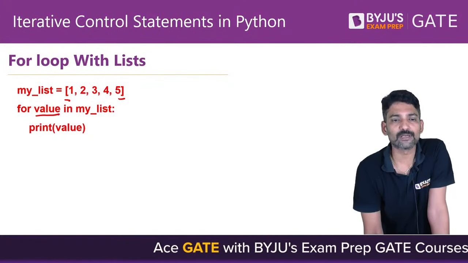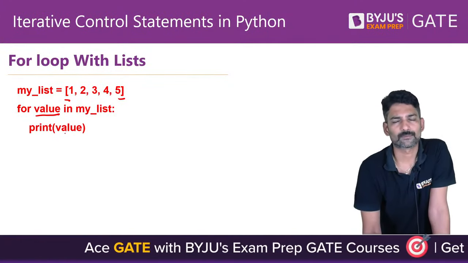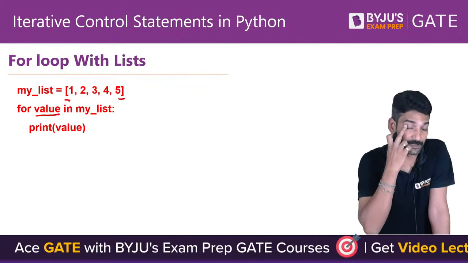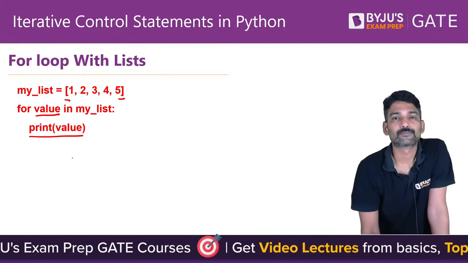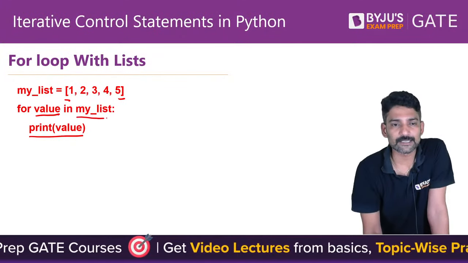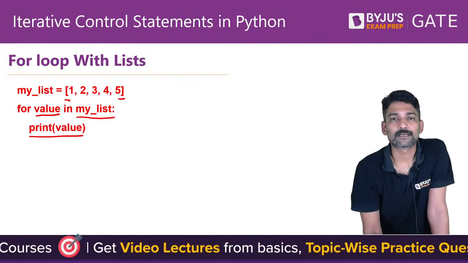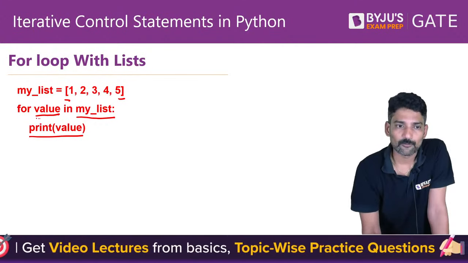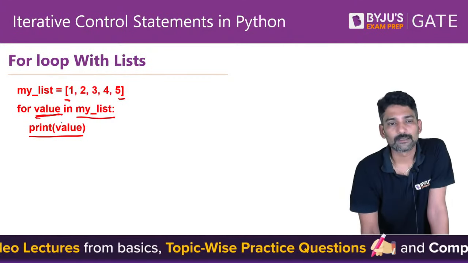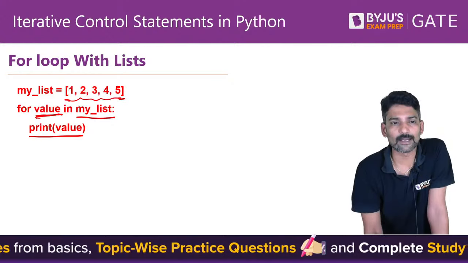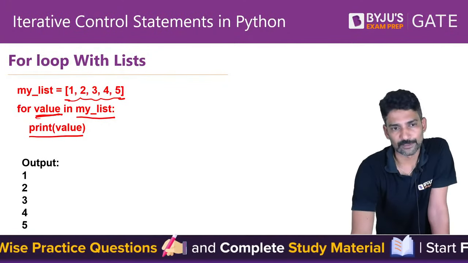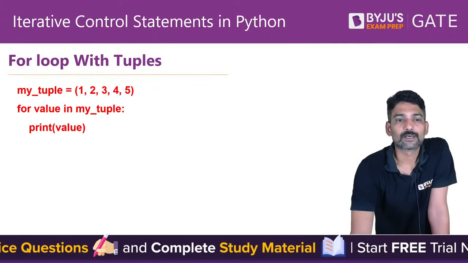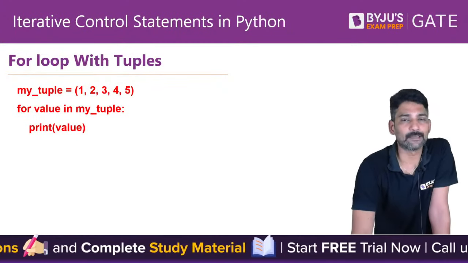So let's say I have created my list. For value in my list, print value. Here my list is the sequence, value is the variable. So all the values of this list get printed: 1, 2, 3, 4, 5. Tuple, my tuple 1, 2, 3, 4, 5.